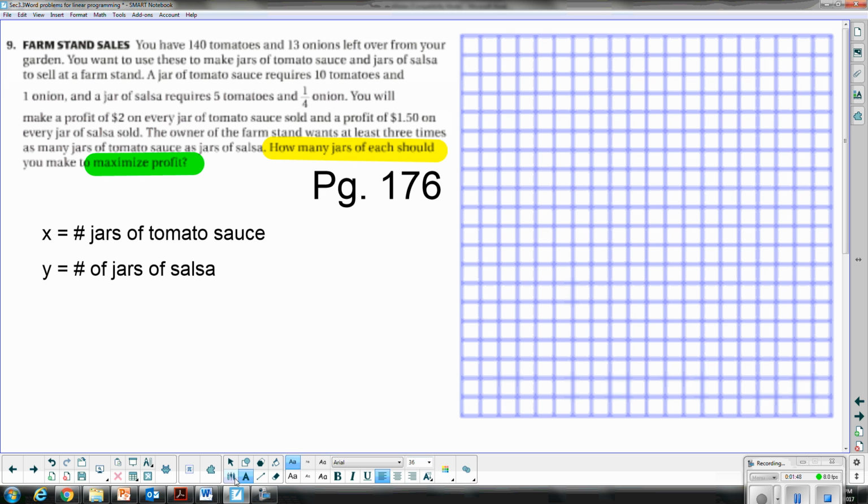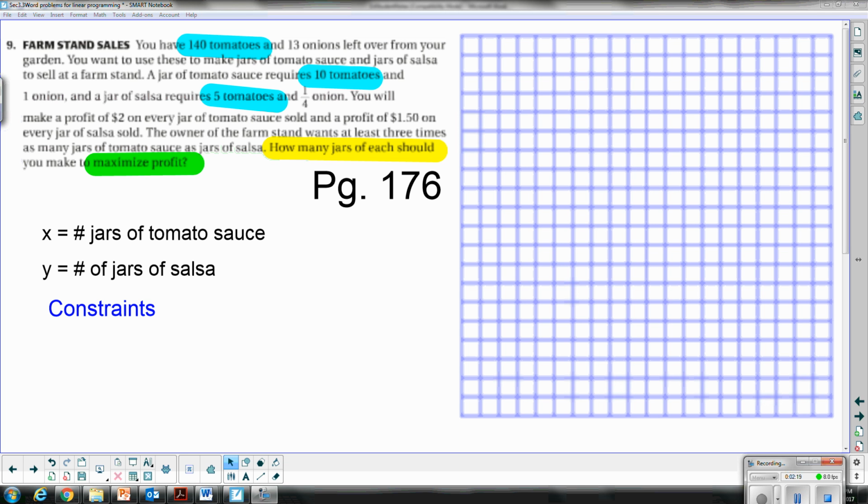Okay, so the first part of the problem says we have 140 tomatoes, and a jar of tomato sauce requires 10 tomatoes, and a jar of salsa requires 5 tomatoes. So first we're going to write a constraint about our tomatoes, but related to our tomato sauce and salsa jars.